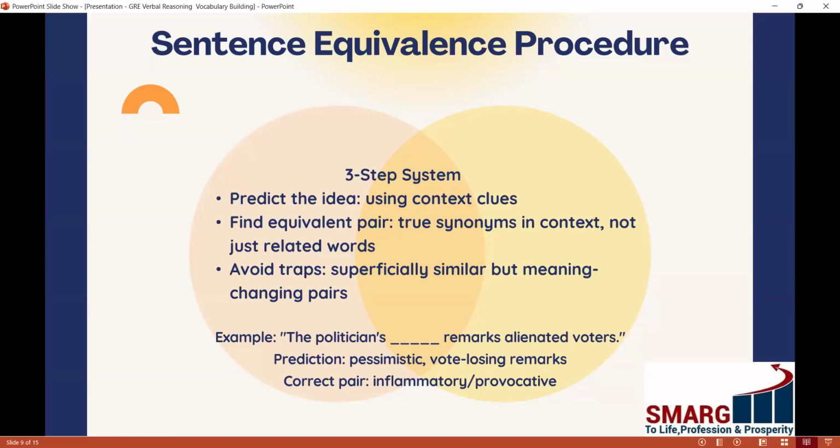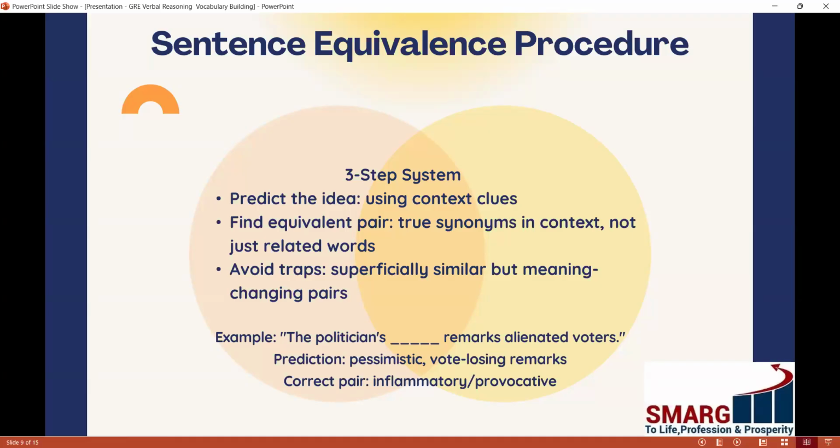They could be synonyms, they could be well paired, but again, my third point is avoid traps. Pairs can also be designed in such a way that you look at the two words and you go, oh, this is a nice fit. I know that these are synonyms or I've heard that they are similar. So you end up choosing that. Here the whole grammar comes in.